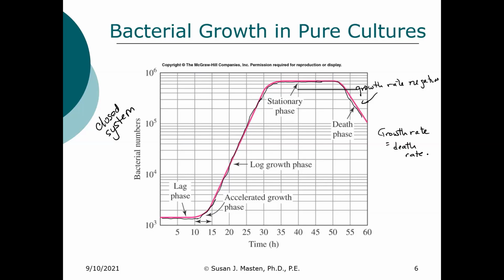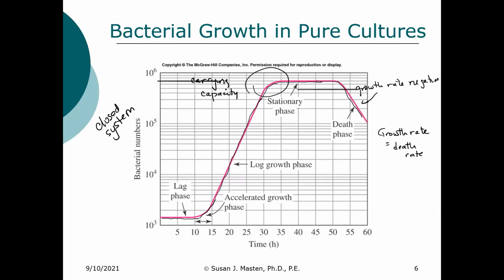And then we have log growth. The point at which this decline occurs is referred to as the carrying capacity. So this point here, we can talk about as the carrying capacity. The system can no longer support growth.